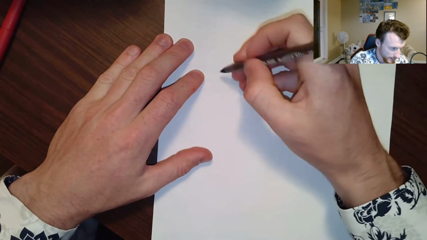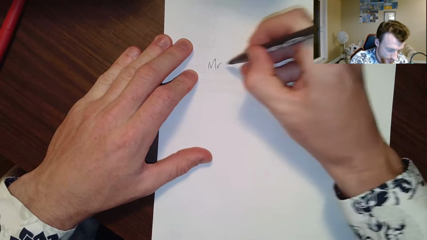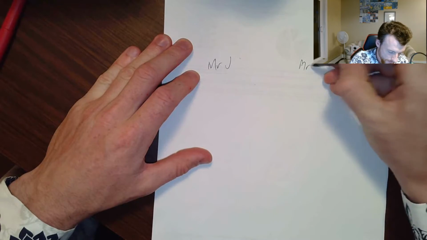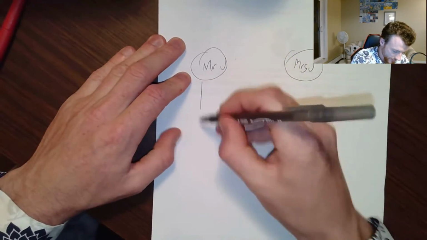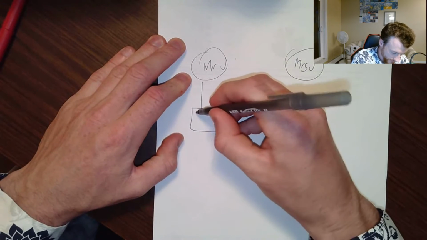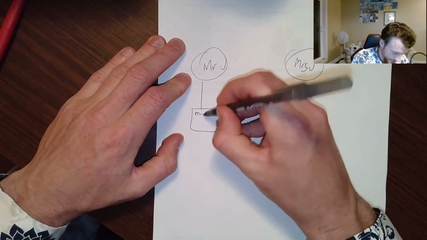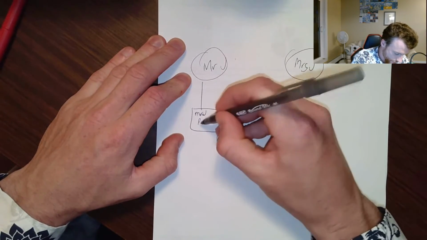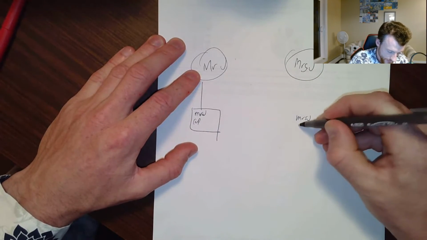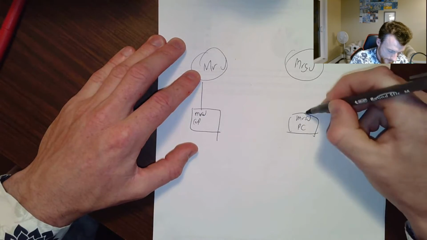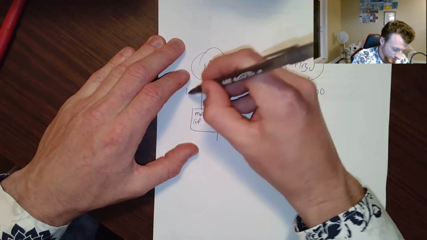Another scenario, when we're thinking about a third corporation, we'll just do Mr. J and Mrs. J again. So this time they're going to set it up right. Well, we'll see. Mr. J Corp and Mrs. JPC, each owning 100% each.